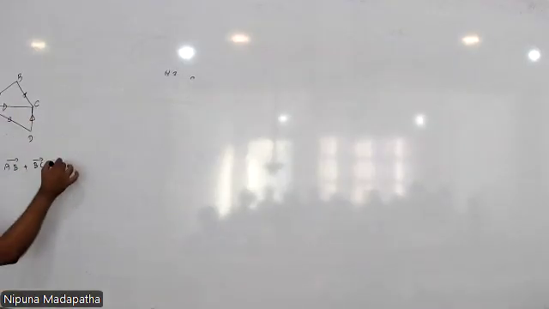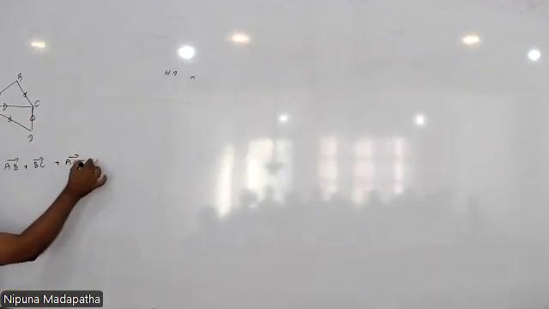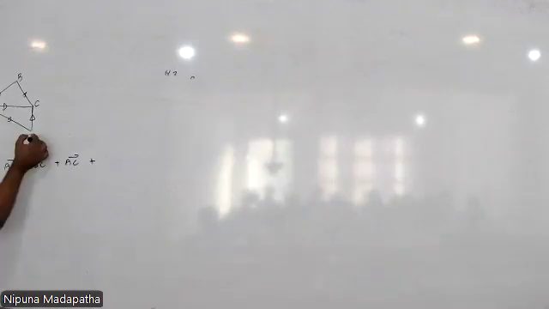So first we need to start from the point A. First of all we need to add these 2 vectors, vector AB and vector BC. To that we need to add vector AC, and also you can add these 2 vectors directly using the vector triangle theorem. Vector AB plus BC.